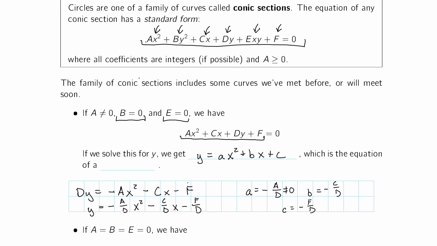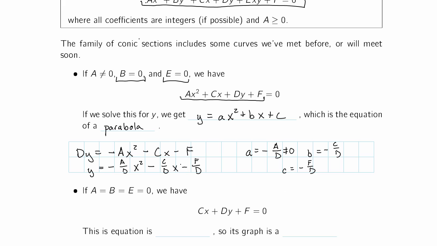If we solve that for y, we get this very familiar quadratic, which is the equation of a parabola. If all of the weird terms are 0, and we just have a number times x plus a number times y equals another number, that's also very familiar. That's a linear equation, so its graph is a line.